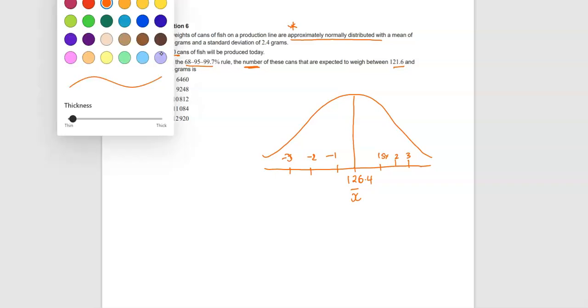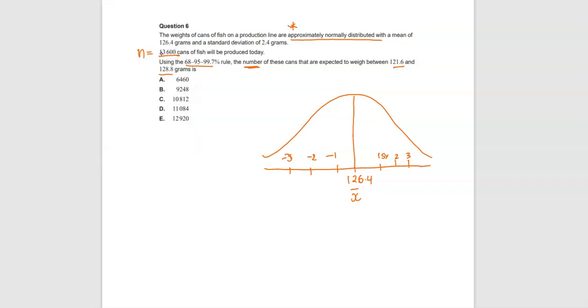Those two numbers are going to be so many standard deviations around the mean. If you go down 2 standard deviations, you'll get down to 121.6.